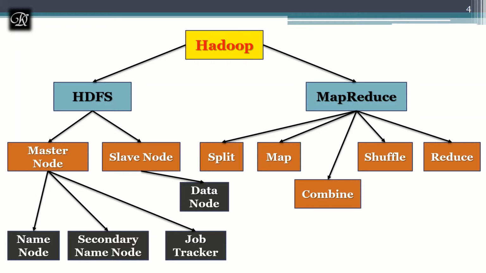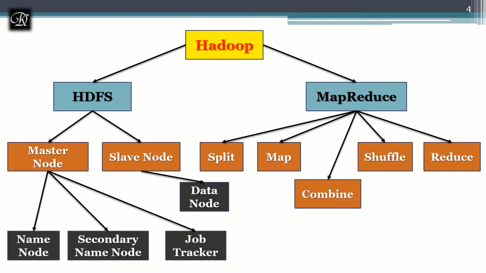HDFS goes with the concept that it's going to write once and read many times. Write once, read many times. It's designed to facilitate streaming of the reading process, because the data once written cannot be modified. Why? Because the data is from the archive, data from the past. It might be from the present, but once the data is generated, it becomes past.